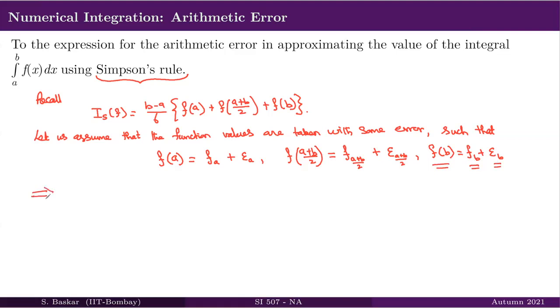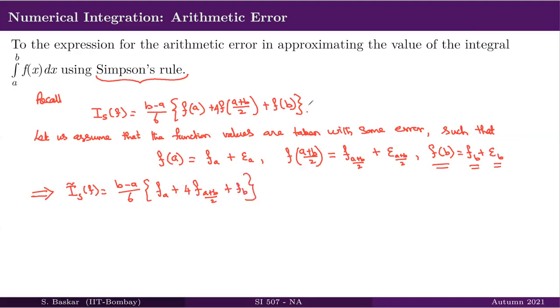With these approximate values, we will be getting the value from the Simpson's rule denoted by IS tilde of f, given by b minus a by 6 times fa plus 4 times, sorry, there is a 4 here, 4 times f of a plus b by 2 plus fb, right?